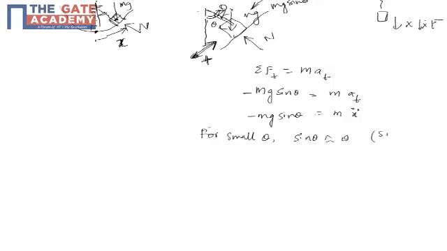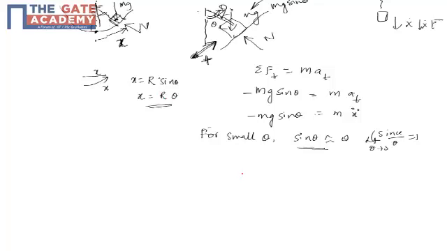Remember that sin theta by theta is 1 in the limit theta tends to 0. Also, when theta is very small, the curvature distance x is almost the same as r sin theta, so x is equal to r theta.